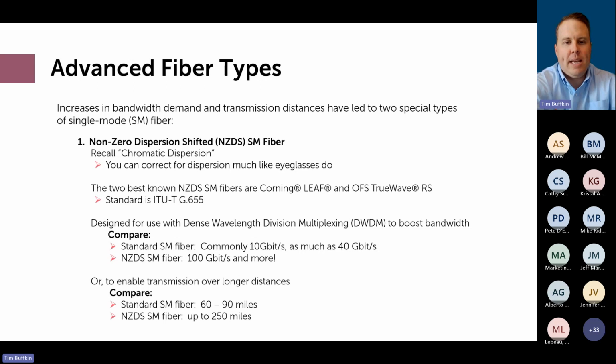There you might use something like this, because instead of having to have a comms hut every 60 to 90 miles to re-up that signal, now you can potentially go up to 250 miles. That's where something like that is going to come in. But again, for the majority of what most people use a network for, something like the SMF-20 Ultra is going to be the much more common type.